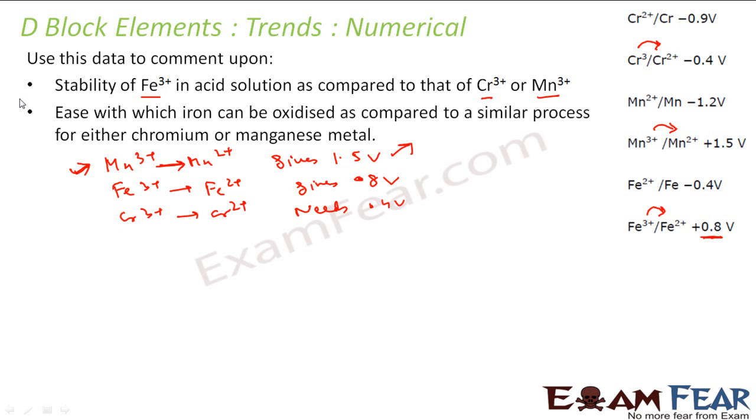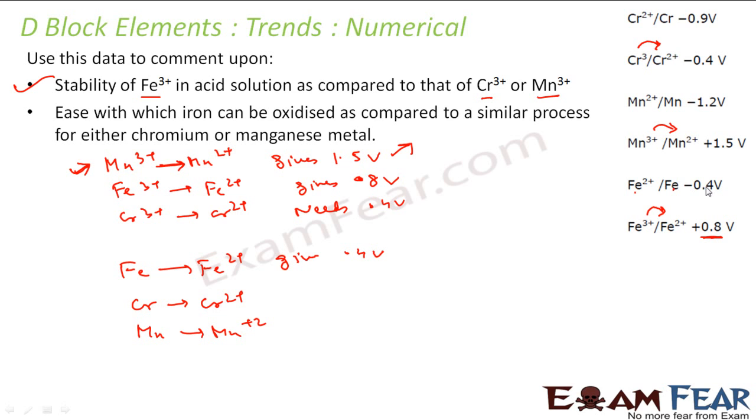The second part: the ease with which iron can be oxidized, that means converted into Fe2+, as compared to the similar process for chromium and manganese. Iron to Fe2+ actually gives 0.4 volt, because Fe2+ to iron needs 0.4 volt.